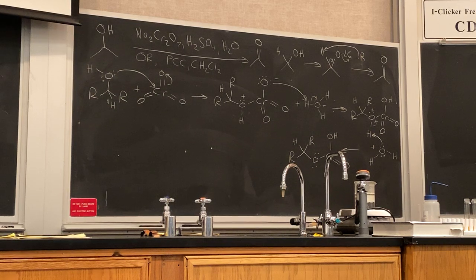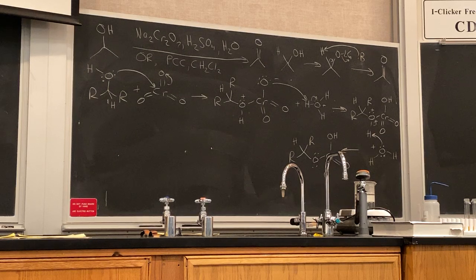And we've also taught you that proton transfers between two heteroatoms are the fastest steps that we have in organic reactions. So since we have H3O plus in the solution, there's a very rapid proton transfer from H3O plus to this oxygen, and then a very rapid proton transfer between water and this oxygen.